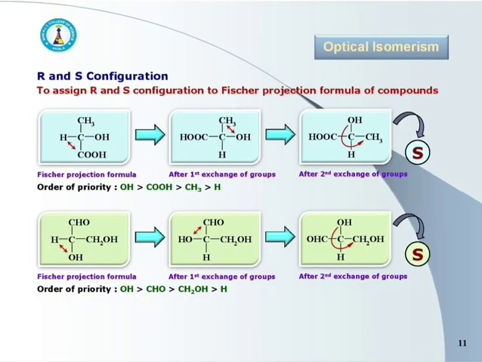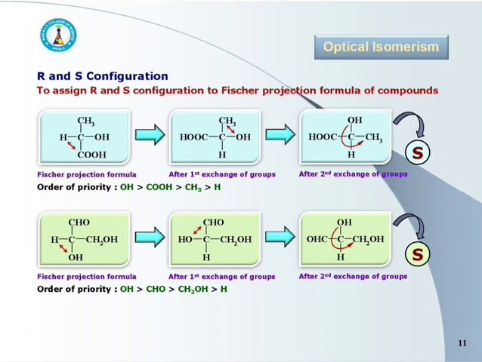Take next example. Here, the order of priority of groups attached to an asymmetric carbon is first OH, second COOH, third CH3 and fourth hydrogen. Now carry out an even number of exchanges, that is two exchanges between any pair of groups, and bring the lowest priority group hydrogen to the bottom position.